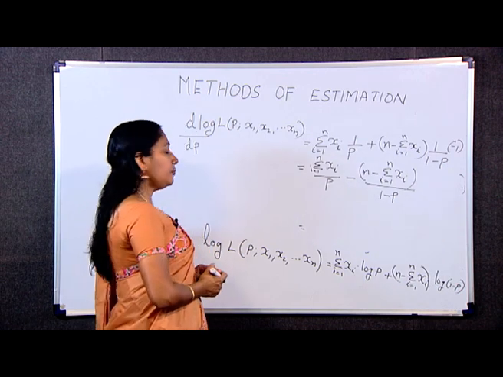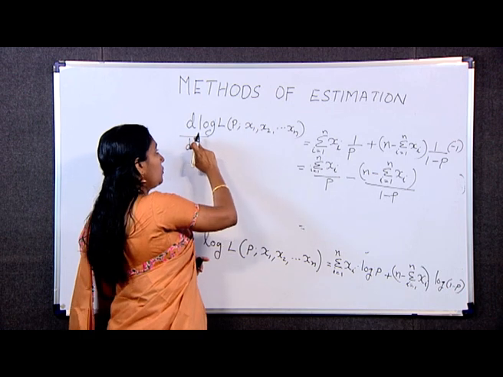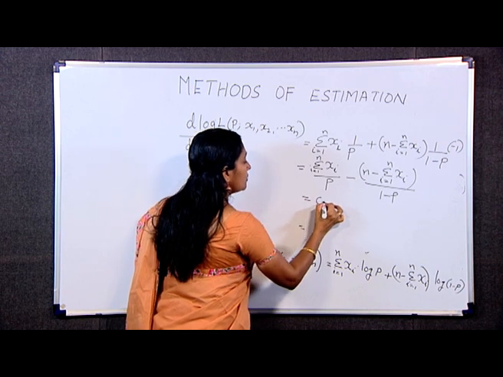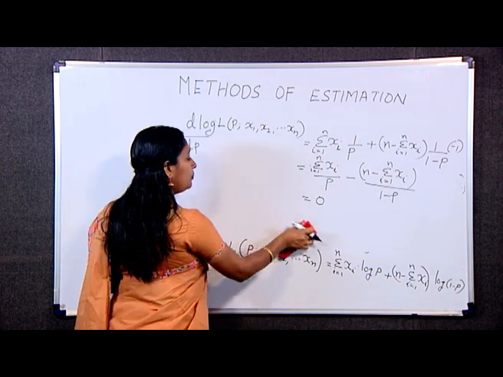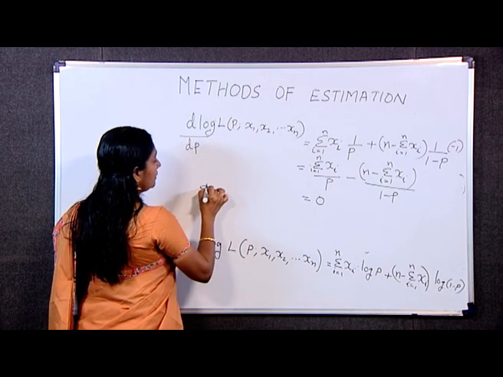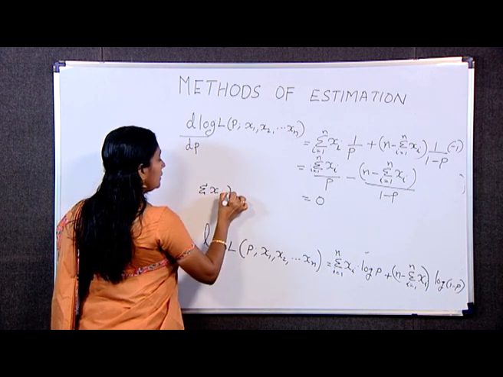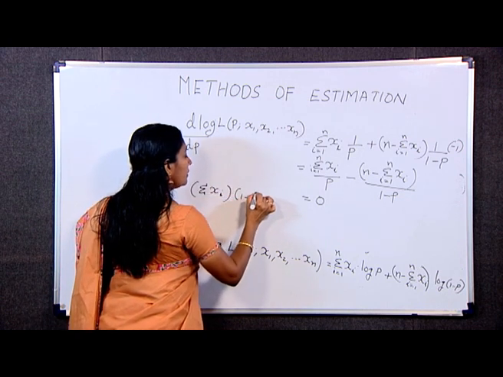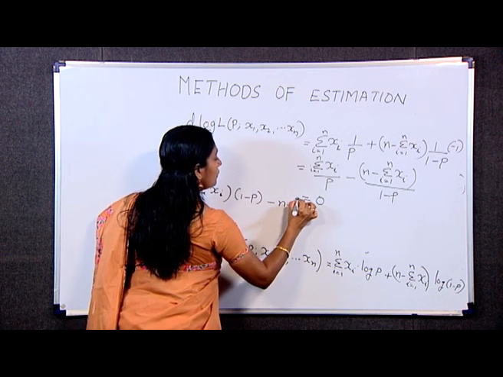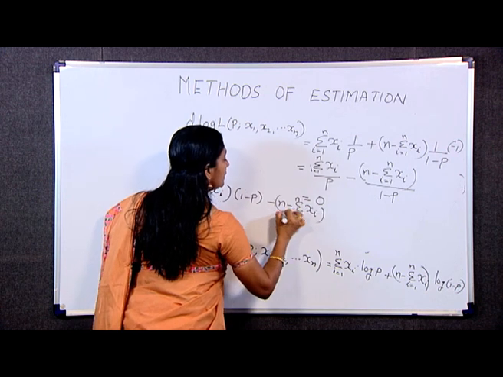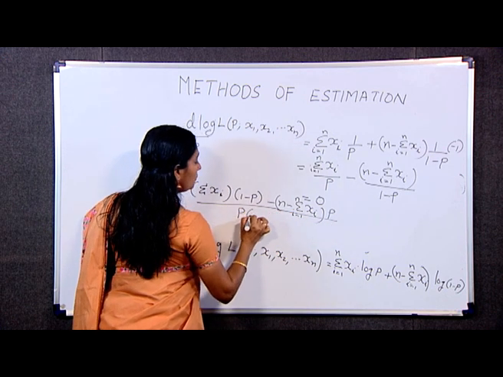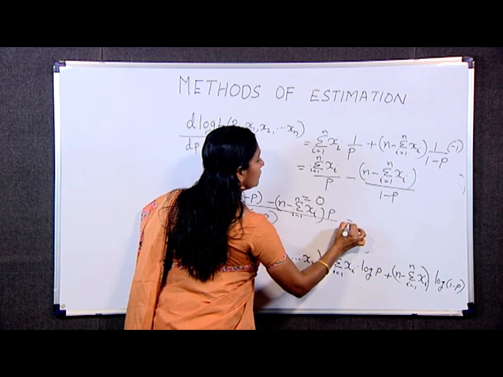Now, the method is you have to equate the first order derivative to 0. So, putting this equal to 0 and solving for p, we get summation xi into (1 minus p) minus (n minus summation i = 1 to n xi) into p, divided by p into (1 minus p), is equal to 0.